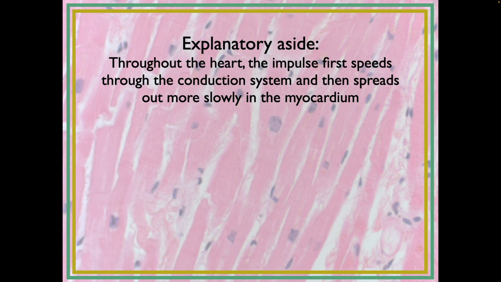How does that work? This specialized tract of conducting system takes the impulse and flies over here so that the left atrium is able to depolarize, similarly to the right atrium.